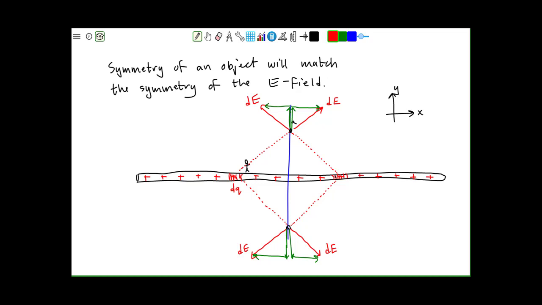Let's do two more. Let's do a component here. This one is farther away, so the electric field will be weaker. But there is a corresponding elemental charge on the other side. And once again, the x components will cancel, leaving us with a y component.